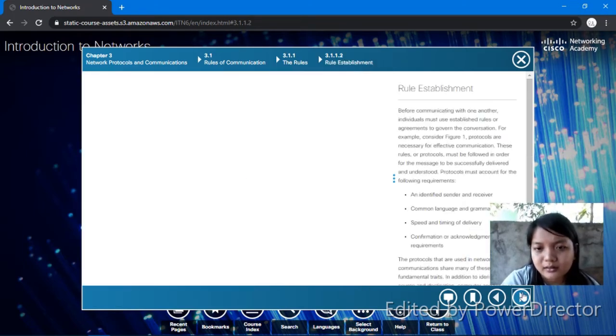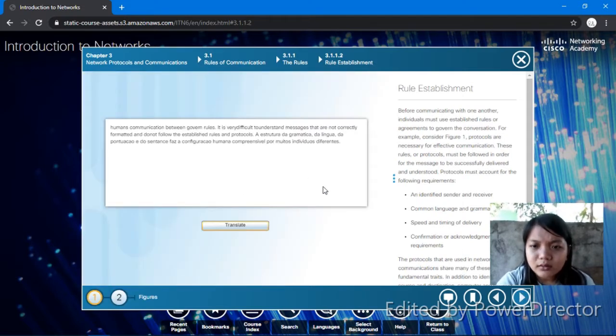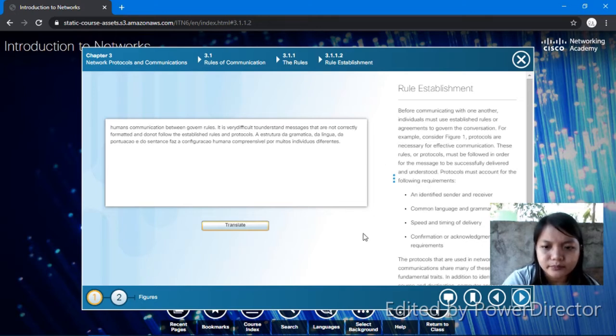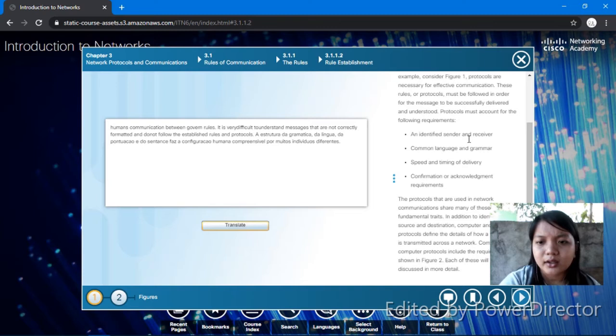Next is the rule establishment. Before communicating with one another, individuals must have established rules or agreements to govern the conversation. So before starting a conversation, they need to have rules for their conversation. First, an identified sender and receiver.